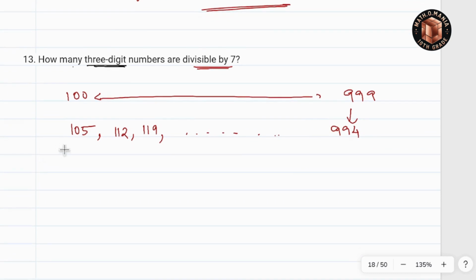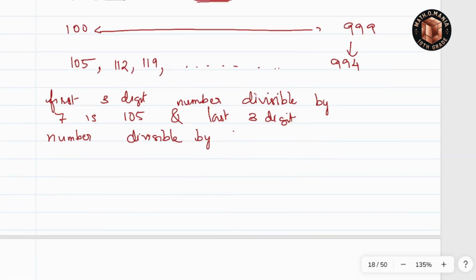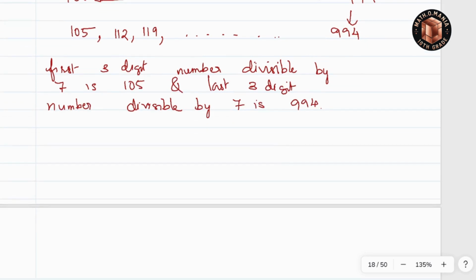So let us write the first 3-digit number divisible by 7 is 105, and the last 3-digit number divisible by 7 is 994.